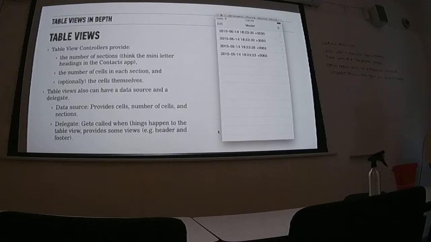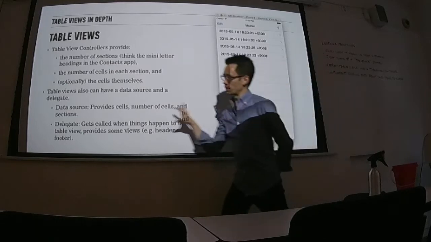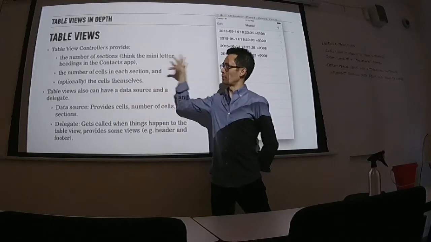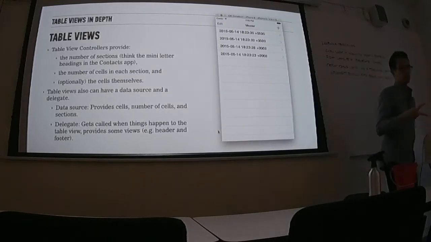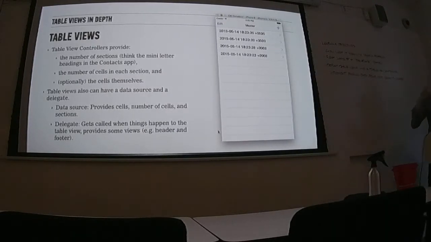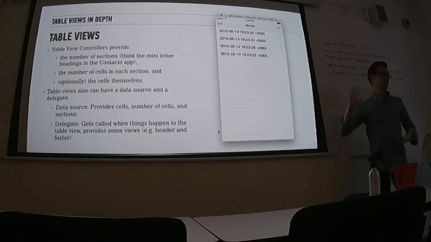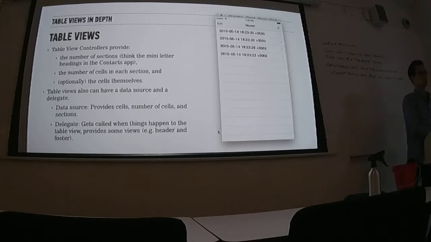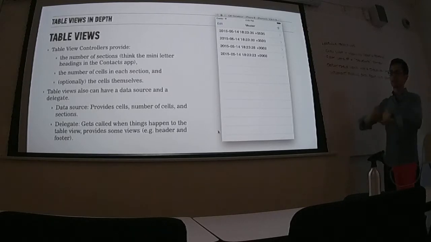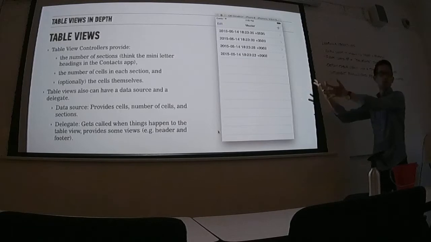So, table views themselves, we're paying attention to this section now as opposed to the section up here. Table views have two objects that work along with them to describe what goes in them and what happens when the environment around a table view changes. One is called a data source, which provides the information to draw in the cell.